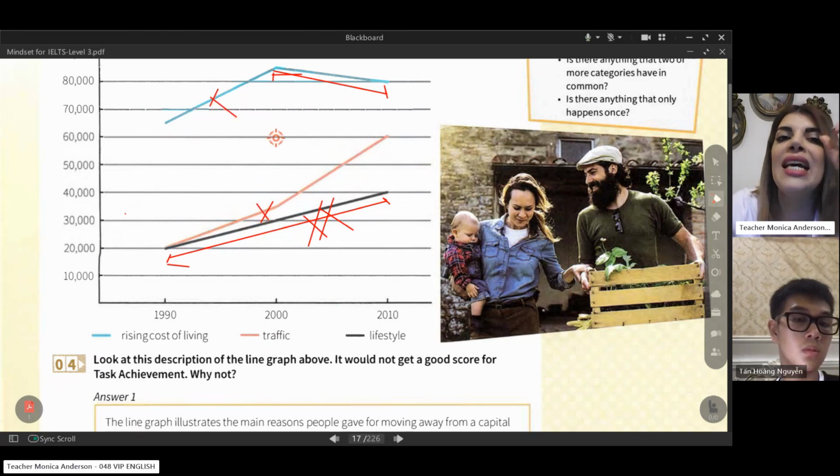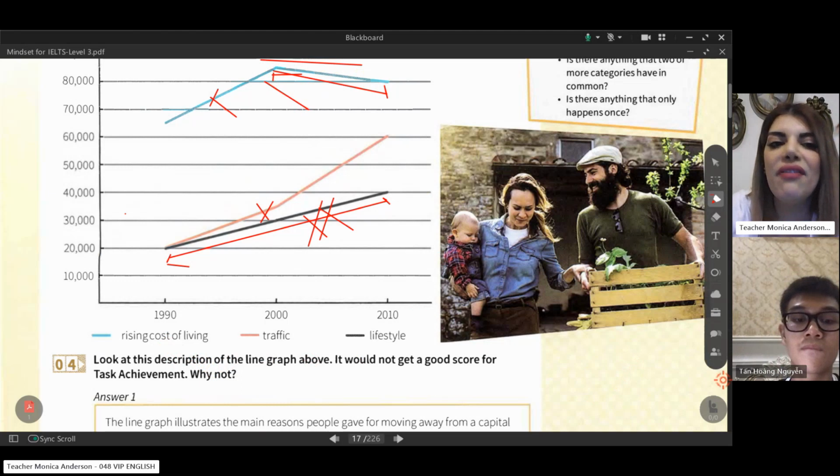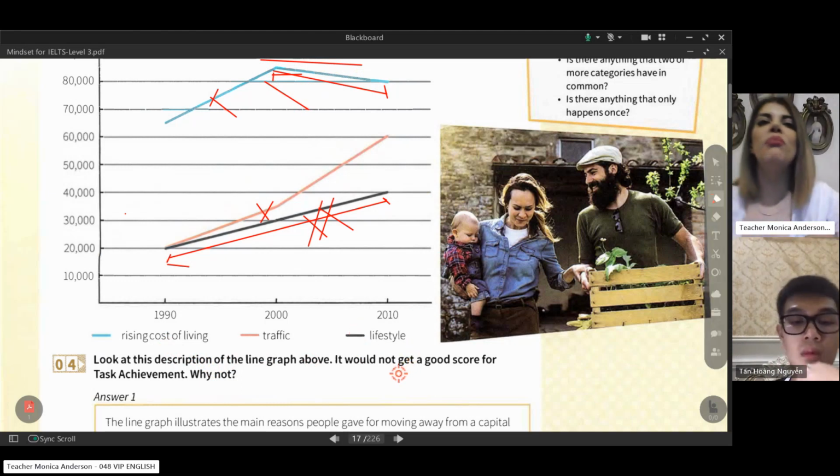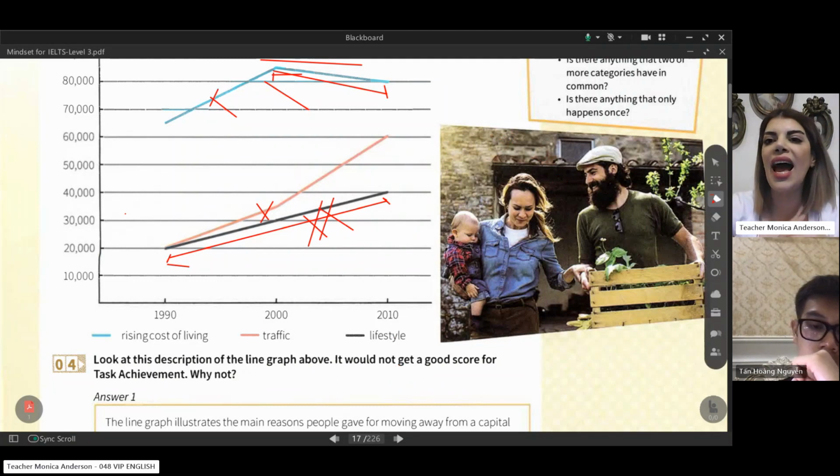First, I talk about this. Of course, rising cost of living can be considered as the most important reason that people moved away from cities to the countryside. But as you can see, we have a deepest decrease between 2000 and 2010.